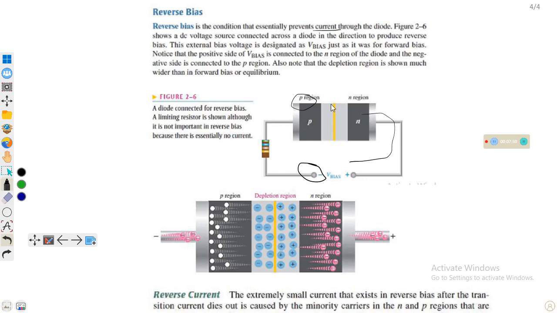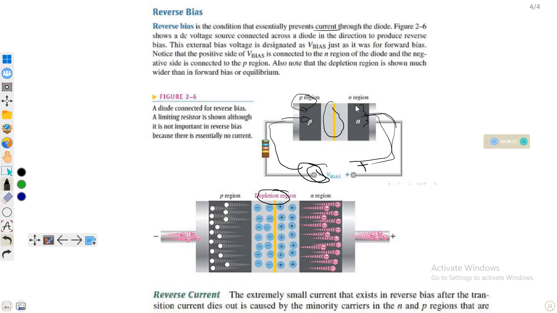The depletion region is going to be widened because the electrons here will be attracted by the positive side of the battery, and similarly the holes will be attracted by the negative side, because a hole is always attracted by negative and an electron by positive. So the thickness of the depletion region will increase, and no current will flow, but a very small current will be constituted because of the minority carriers.